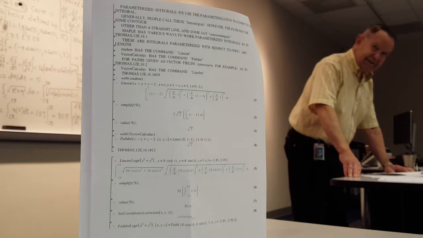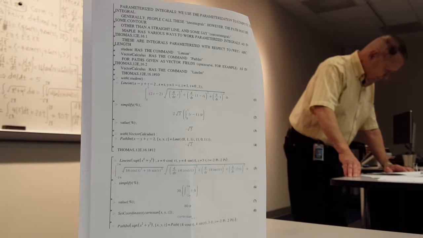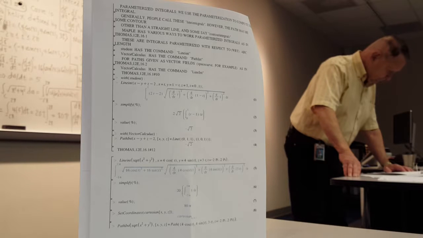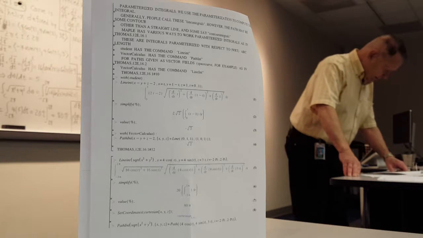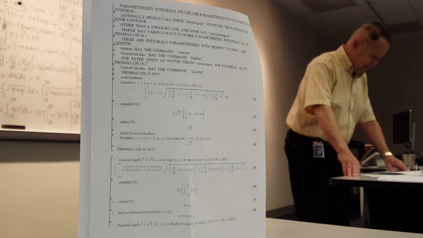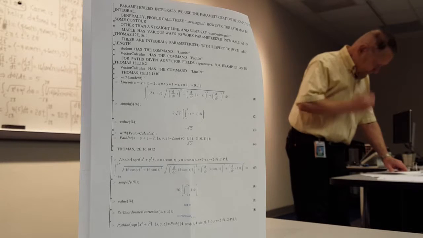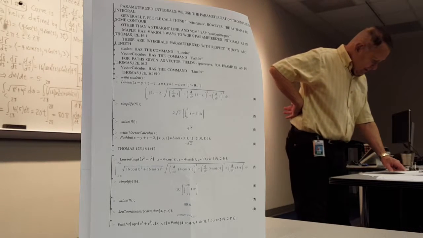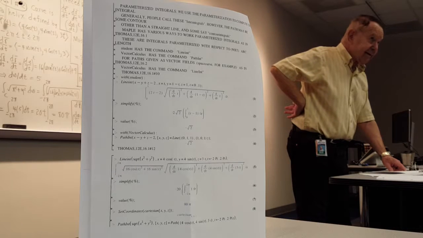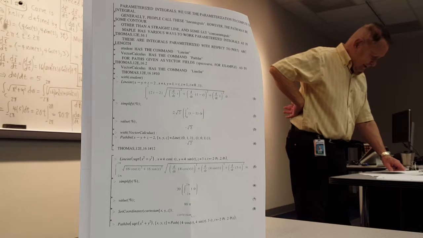And so it has two ways you could do this. So looking at problem 10, 16.1, number 10, I bring up the student package, you see, with student, and then I type line int, capital L on it.